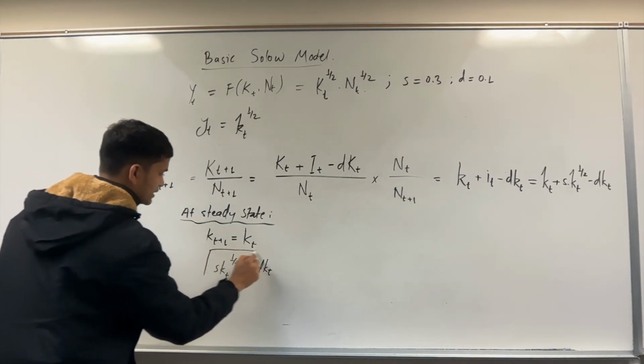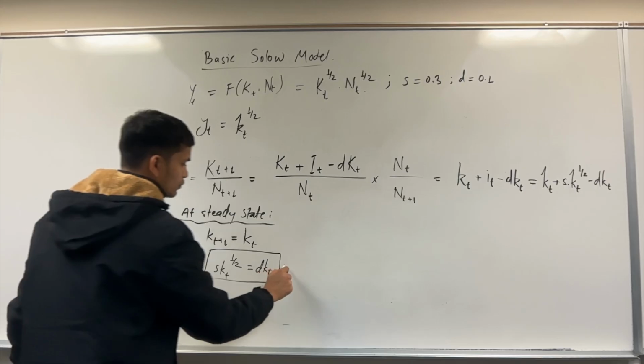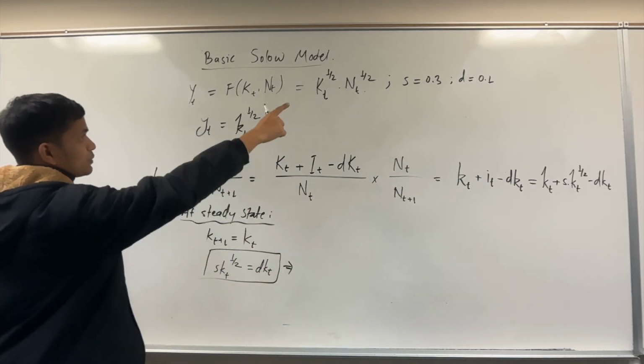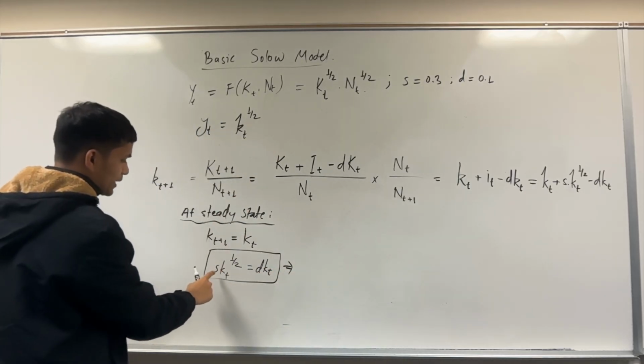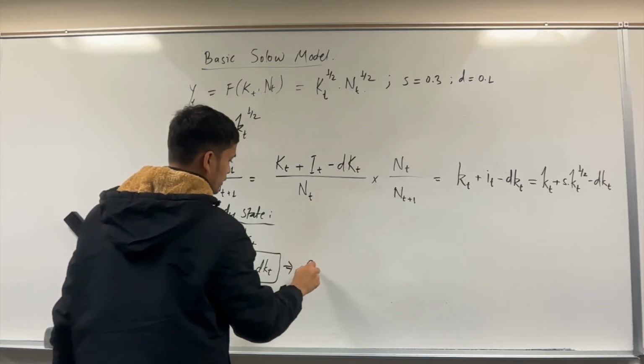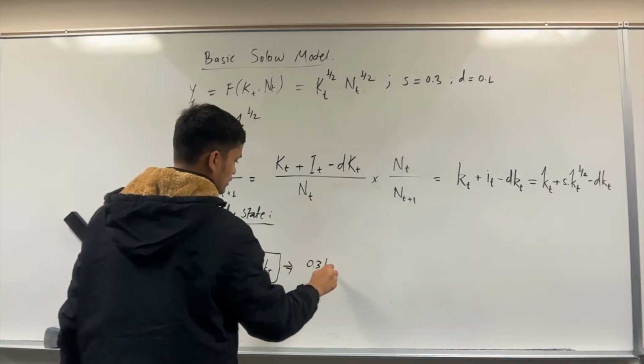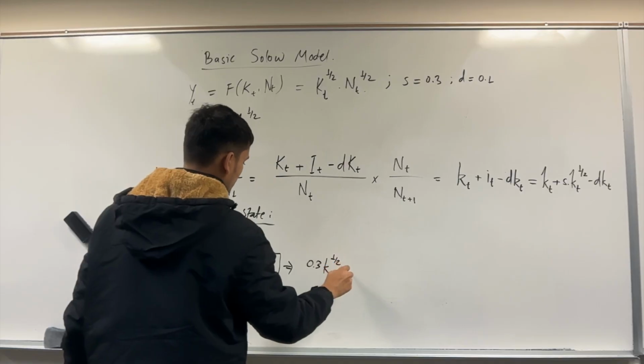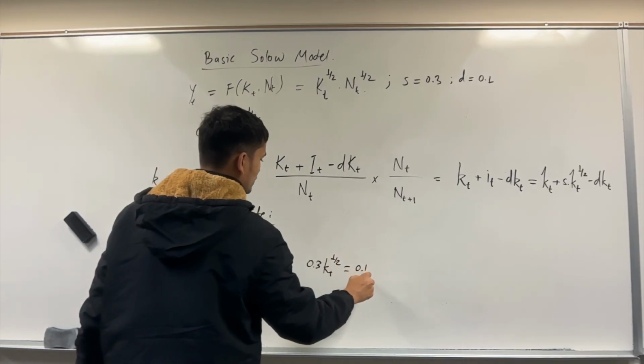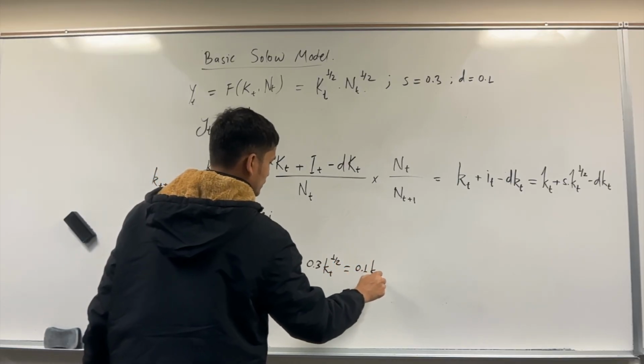So this is the main relation at steady state. If we put in the values we have been provided, we get 0.3 k_t to the power 1/2 equals 0.1 times k_t.